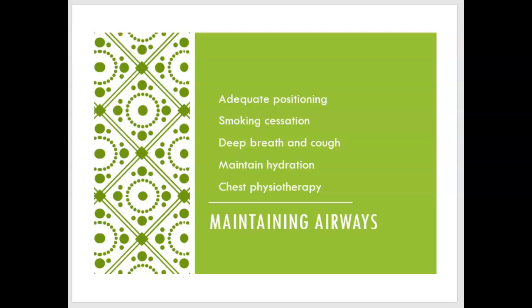One of the big things that we want to do as nurses is make sure that we maintain our patients' airways. We're always looking to make sure that their respiratory status is intact. So we want to position them adequately.